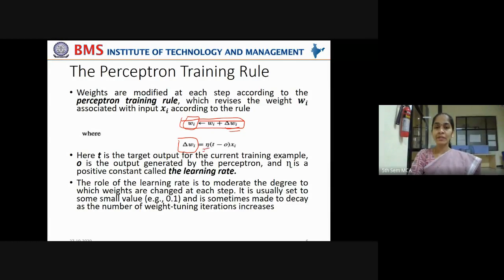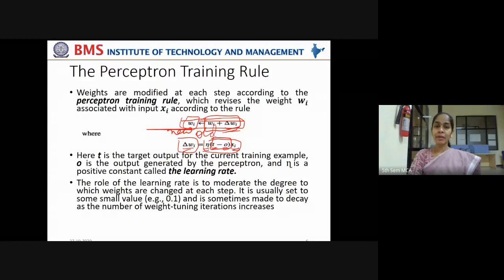It is the learning rate multiplied by the difference between the target value in the training example and what is predicted by the algorithm, multiplied by the input value. This will give you the delta value that has to be added to or subtracted from the old weight in order to get the new weight adjustment. That reduces this prediction error, T minus O.